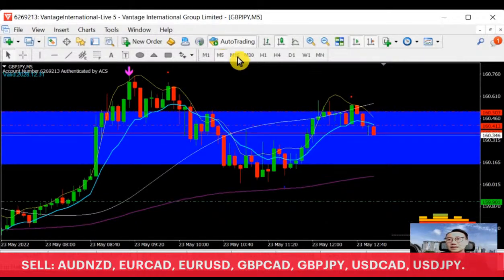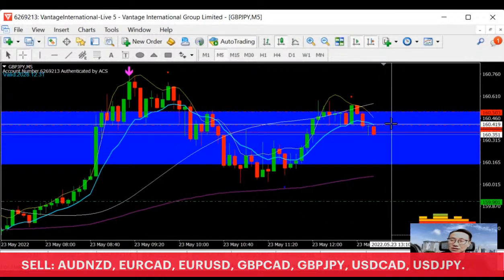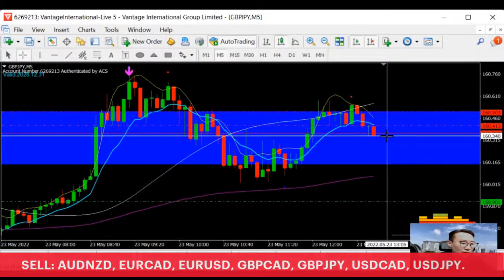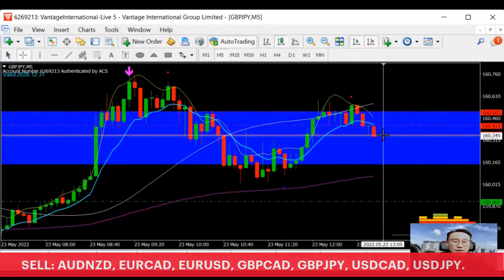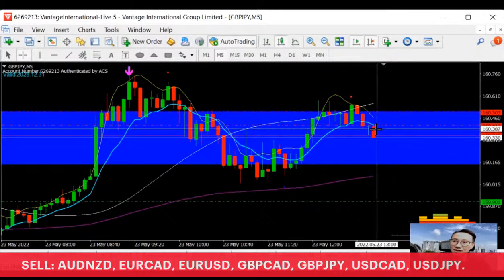After it retests the resistance here, the previous support which has become a resistance, now is the time where I will be looking out for selling opportunity, after it retests.